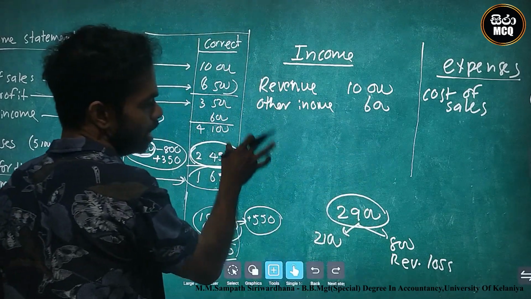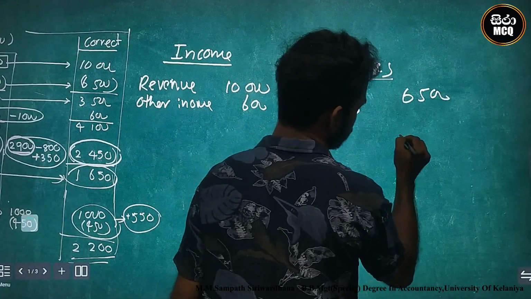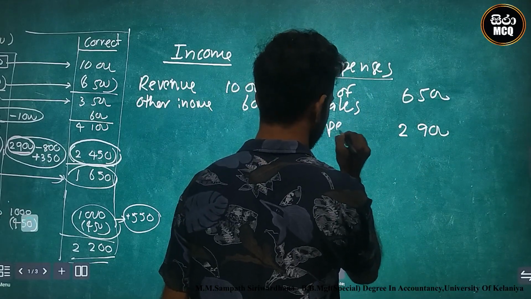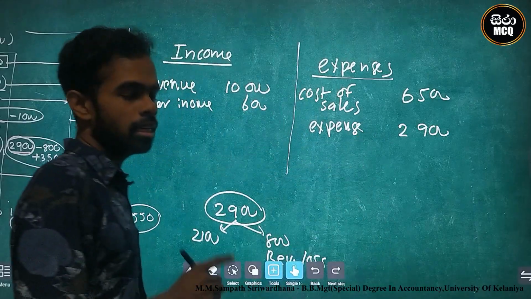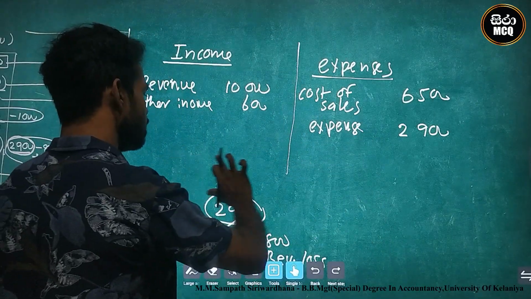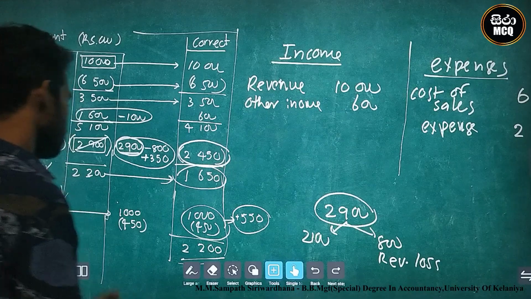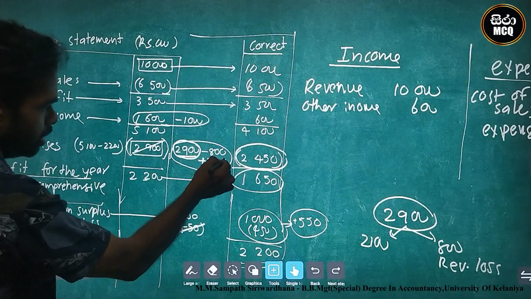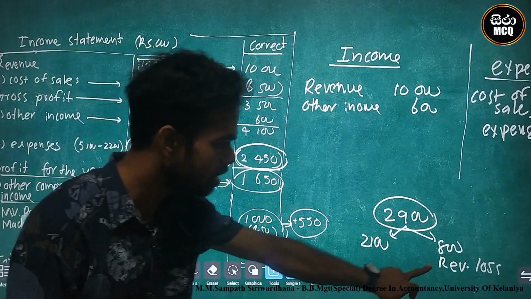Therefore, I identified 2,900 as operating expense. After that there is the income identification. This 450 and 350 were identified as 800.